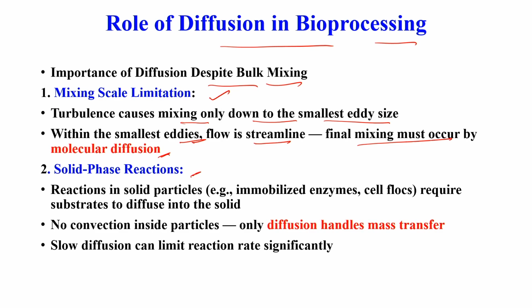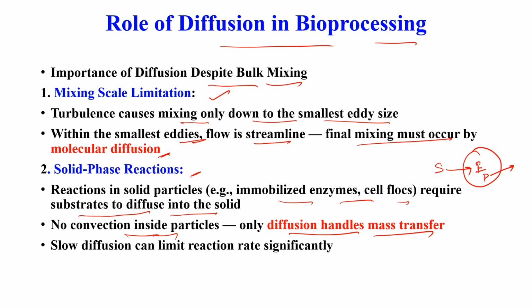In solid phase reactions, particularly with immobilized cells and enzymes, the substrate has to diffuse into the solid. At the same time the product should also diffuse out. Let us say this is an enzyme: the substrate should diffuse in, and once the product is formed it should diffuse out. There is no convection inside the particle, only diffusion handles the mass transfer.